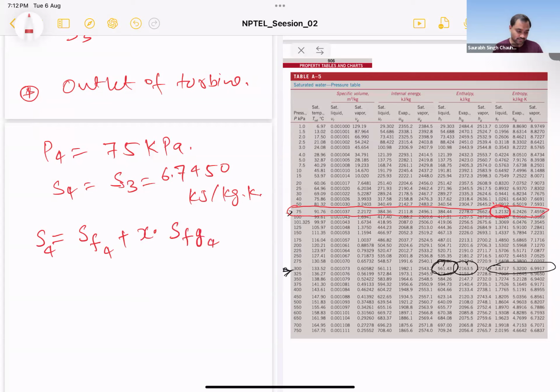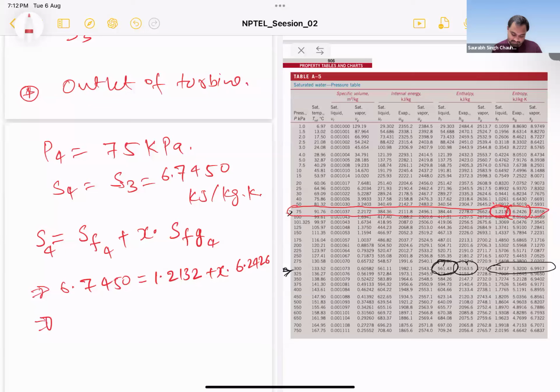So we can substitute all these values from the steam table. S4 we have found out to be 6.7450, equal to Sf, which is given in the table as 1.2132, plus x into Sfg, which is given as 6.2426.